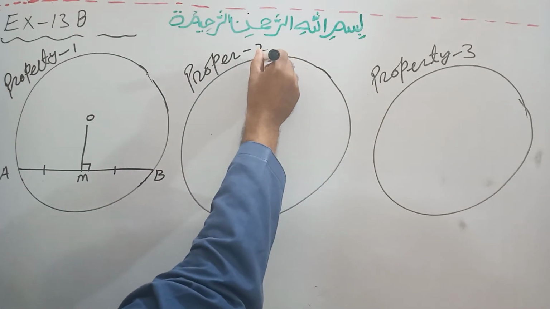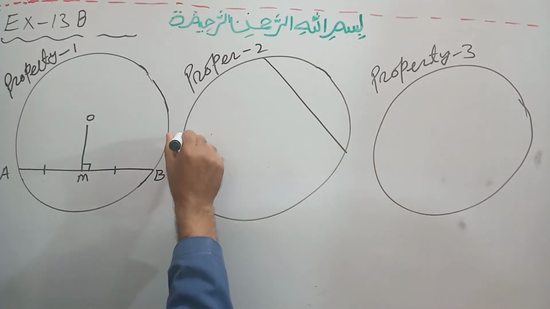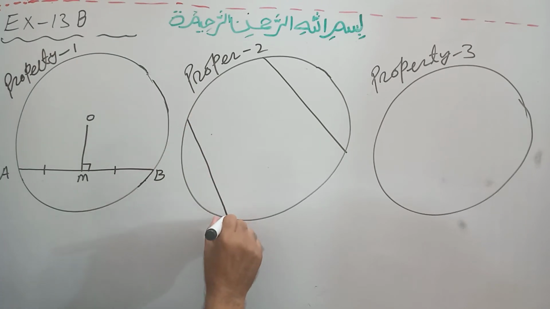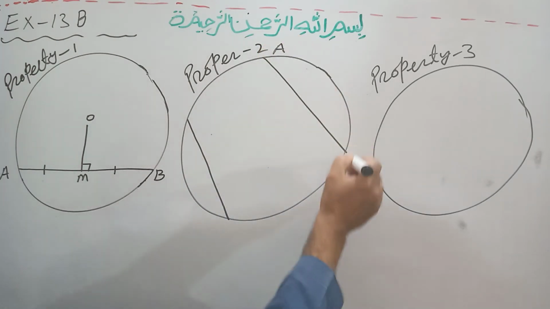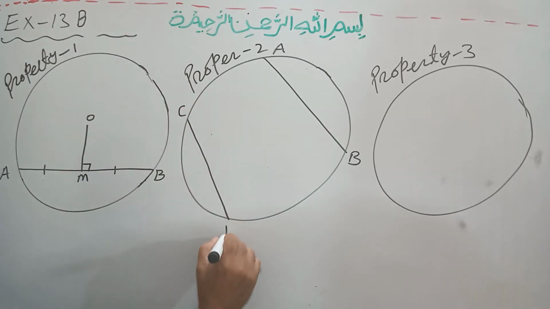if there are two chords equal in length, let's suppose this chord is AB and this is CD.